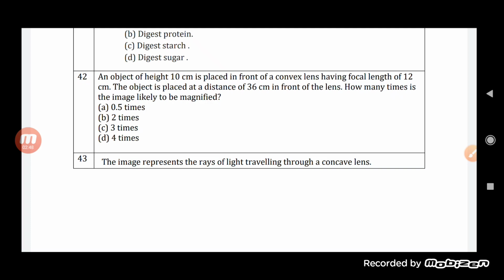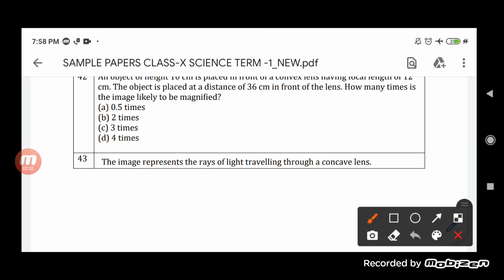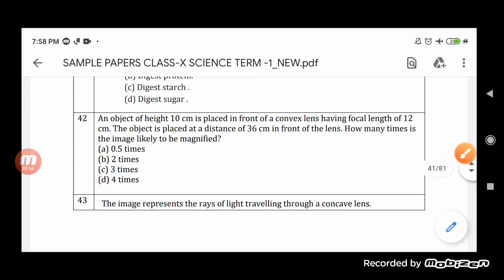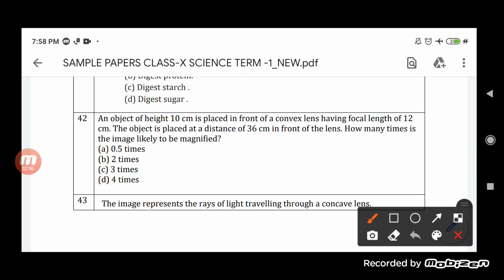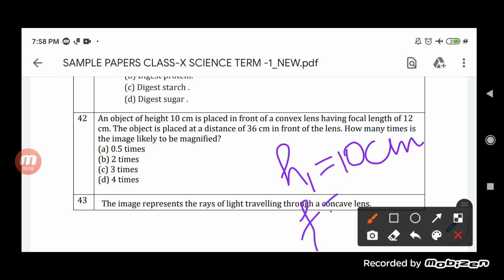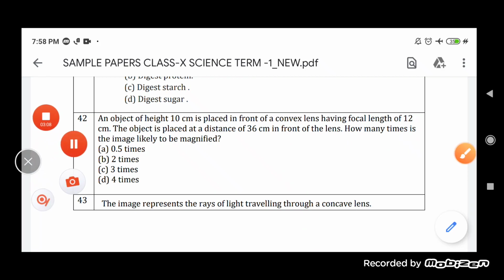So the object has a height of 10 centimeter, and it is kept in front of the convex lens. So here h1 will be equal to 10 centimeter. The focal length is also given, that is 12 centimeter.